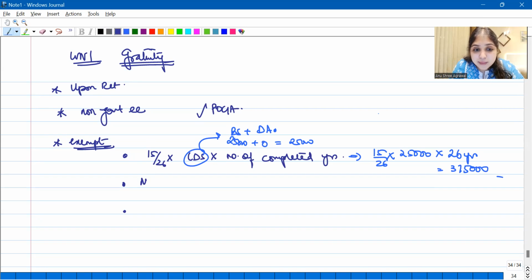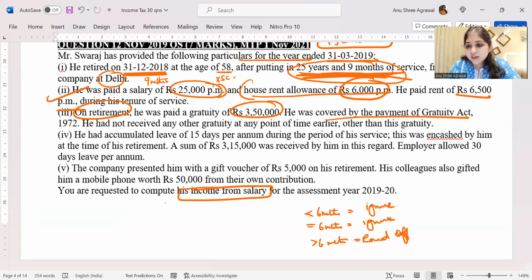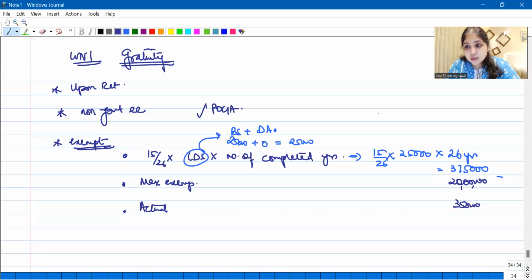Then tell me, what's the maximum exemption you can get in your entire lifetime? You can get 20 lakh exemption maximum. Entire lifetime means if you have already enjoyed any exemption, you will keep subtracting that from this number. And finally, what is the actual gratuity which you have received? You have actually received 3,50,000. Out of these numbers, whichever is least is exempt, which is 3,50,000.